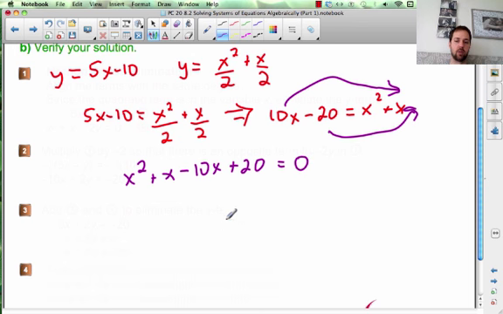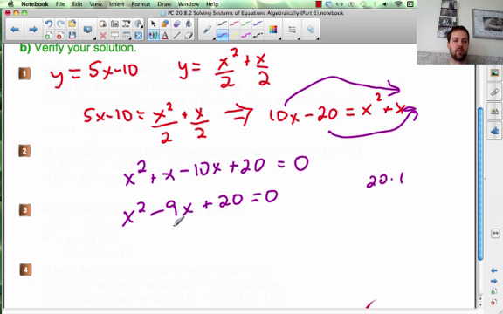Now we can begin to solve for the zeros of this system. So x squared minus 9x plus 20 equals 0. The factors of 20 are 20 and 1.